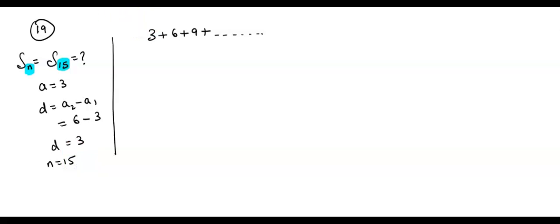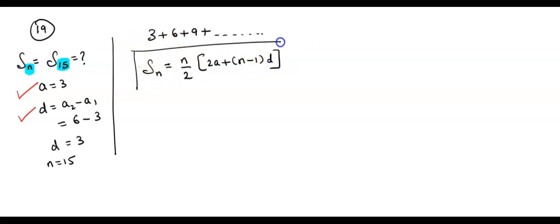Remember, in a question, if they give the first term and common difference, then you can use the formula to find Sn. That is Sn equals n by 2 into 2a plus n minus 1 into d. This is the formula we use to find the sum of n terms. Here we are finding the sum of 15 terms.